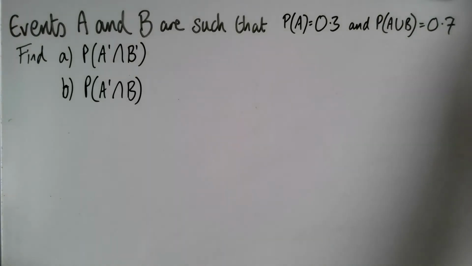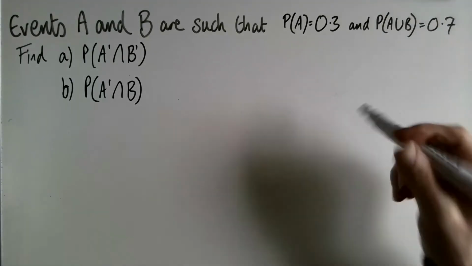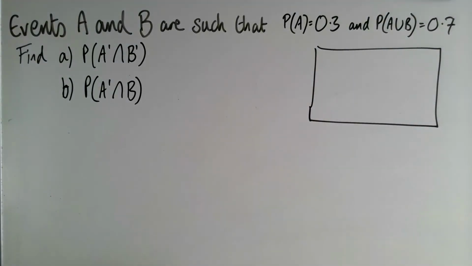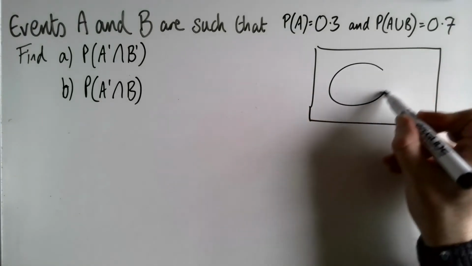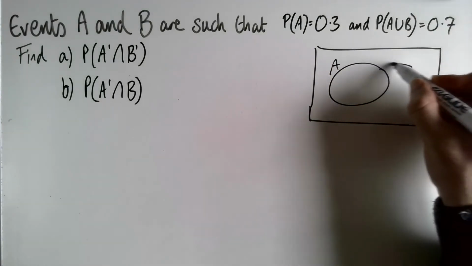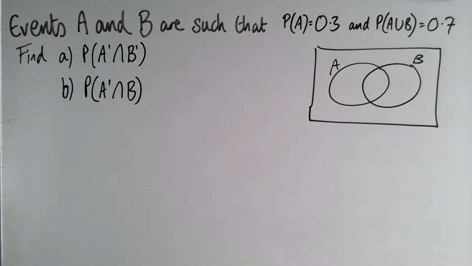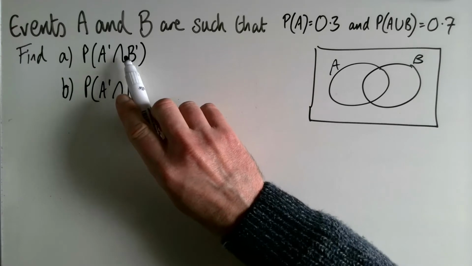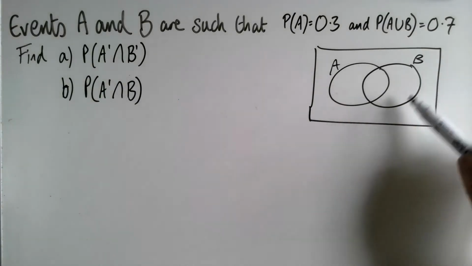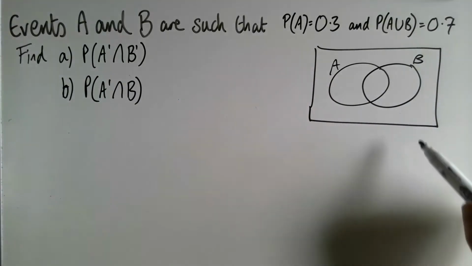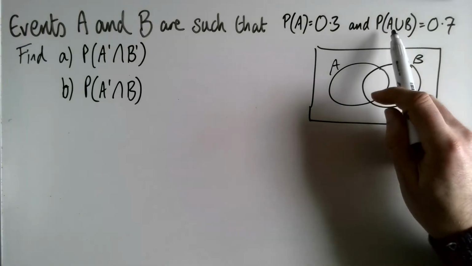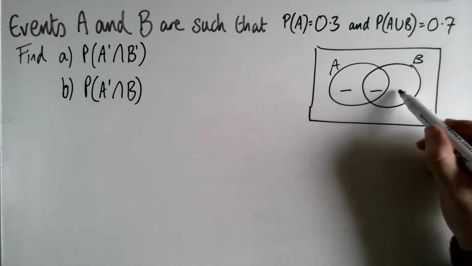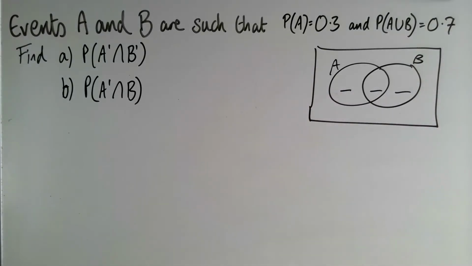So let's start off with our universal set, and we know we're going to have our A and our B. And what it's saying when it asks for the probability of not A intersecting not B, it's all of the not A's, but it also has to be not B, which is just this zone here. And when it says probability of A or B equals 0.7, that means that, and that are all adding up to 0.7.